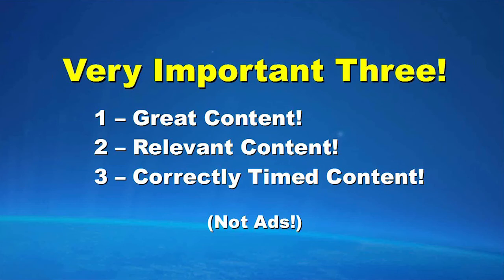Now, it's not just content. It's got to be great content. It's got to be information that they're interested in, that they want, they desire, they're hungry for. They can't wait to get your content. You're giving them good information, okay? That's what you want to email out to people, is just good, solid information.